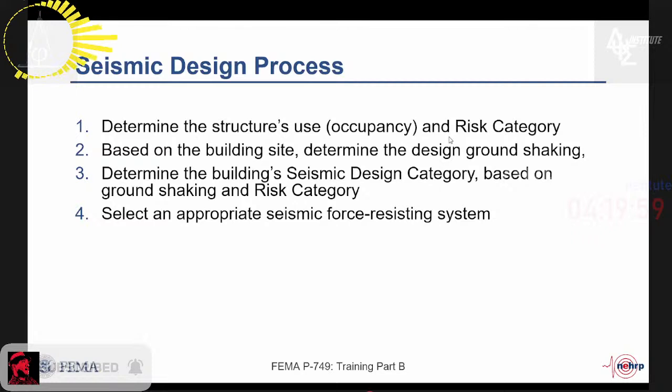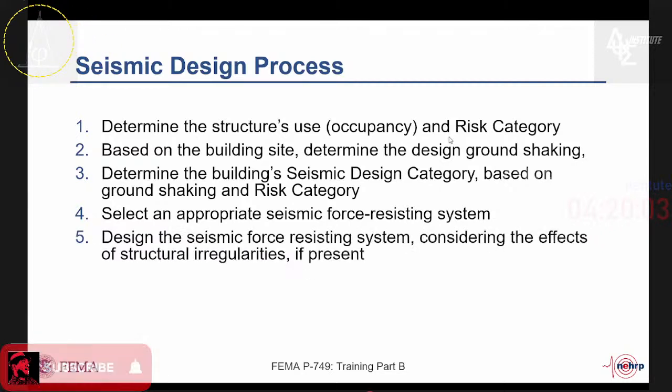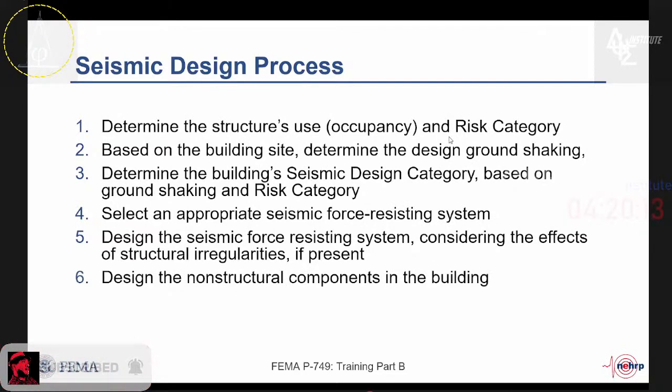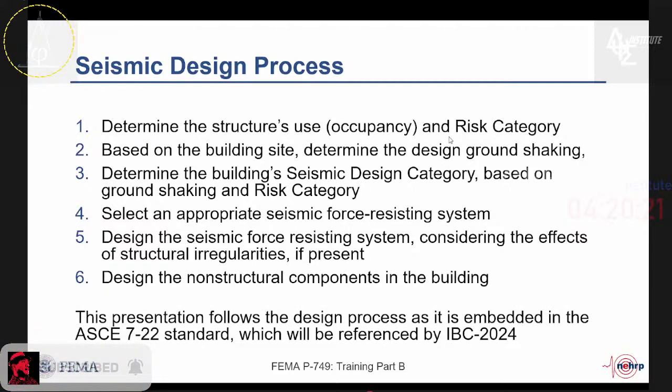Could be a moment frame, a bearing wall, a braced frame, etc. Next, we design the seismic force resisting system, considering the effect of structural irregularities, if any are present. We design the non-structural components in the building by assuring they have adequate anchorage and bracing to the primary structure.